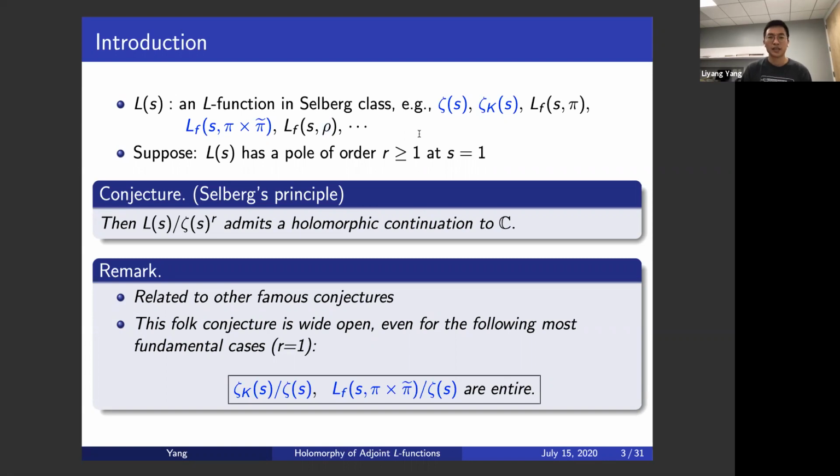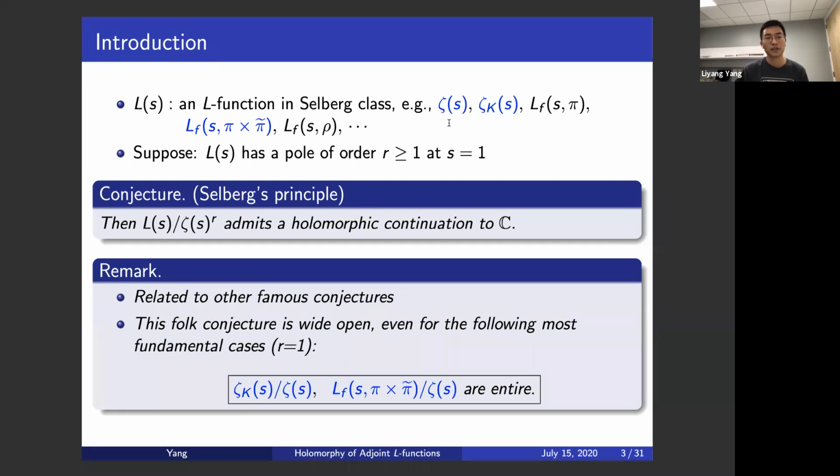Well, technically speaking, not all these L functions are proven to be in the Selberg class for the moment, but they are expected to be. Like if you assume the Ramanujan conjecture for pi, then these automorphic L functions are in the Selberg class. And if you assume analyticity of this Artin L function, then it should be in the Selberg class. Anyhow, they should be most fundamental and interesting objects in number theory.